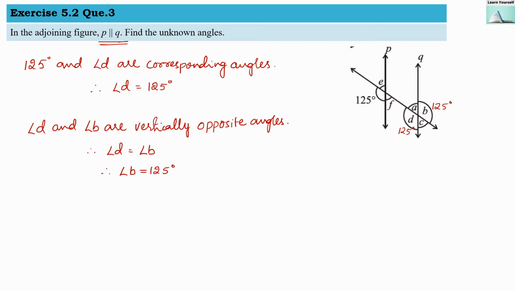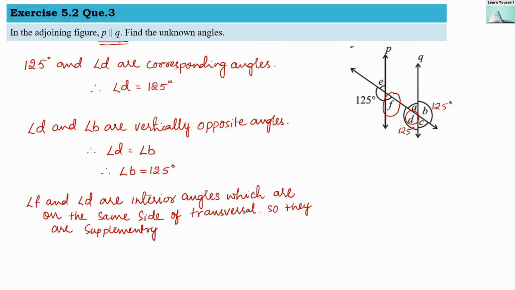Now from the figure we can see that angle F and angle D form a linear pair. So the summation of their measures will be 180 degrees. They are interior angles on the same side of the transversal, so they are supplementary. Because of that, angle F plus angle D will be equal to 180 degrees.